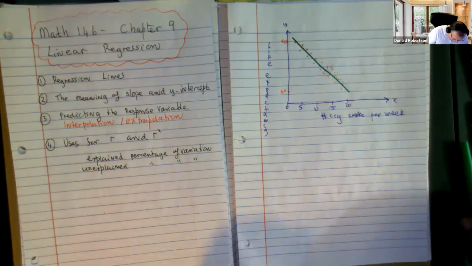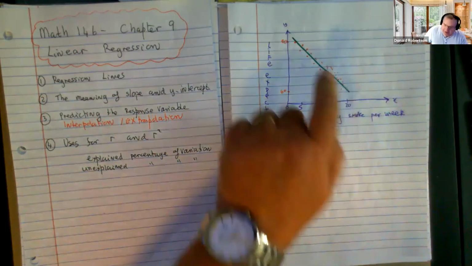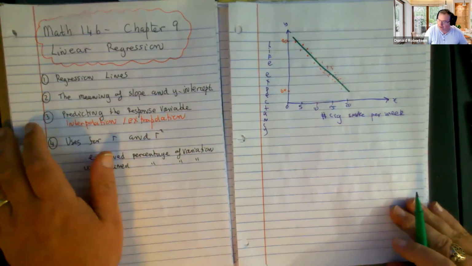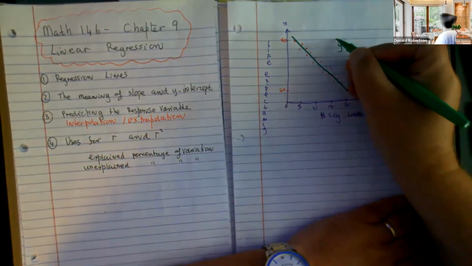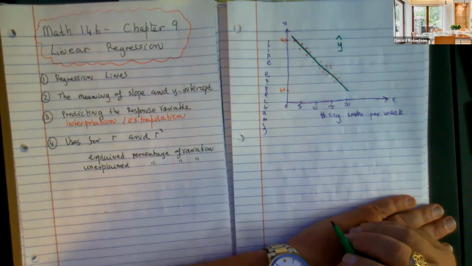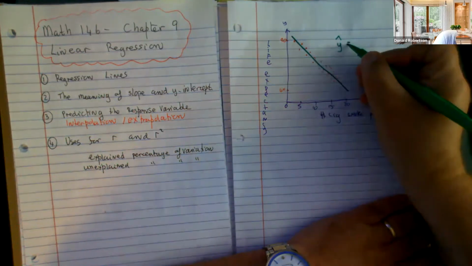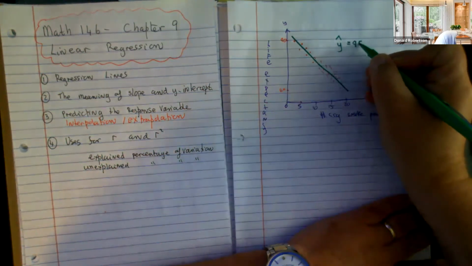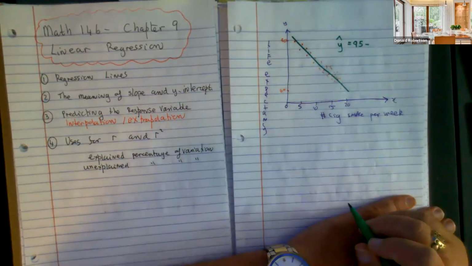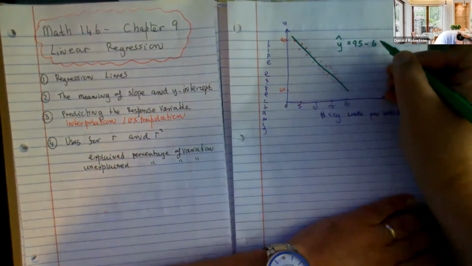Let's suppose then that I haven't told you how you get that line. The good news is that the software does it for you, so you don't need to worry about how to calculate it. But let's suppose it was y hat, the predicted age that you would live to, would be 95 take away 6 times x.